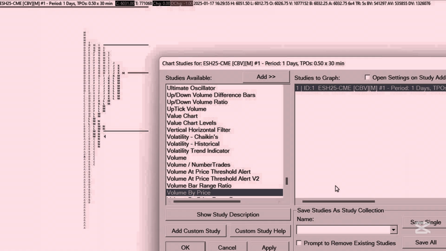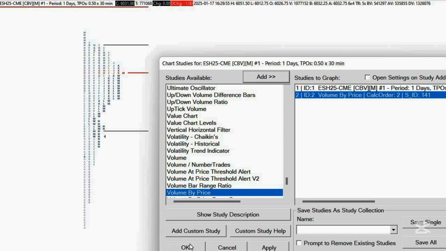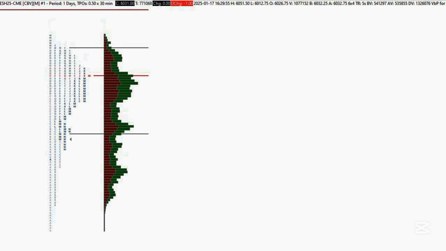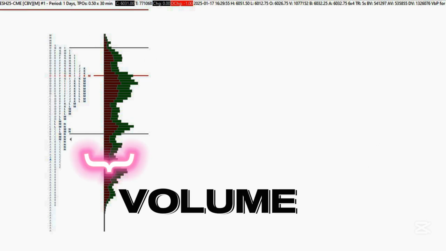Another amazing thing you can do with the market profile is put volume on it, which will be very interesting when you add volume and time together. Let's see. Now, as you can see clearly, this is the volume of the day.